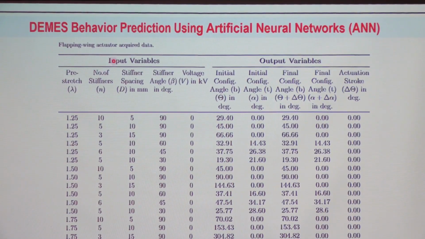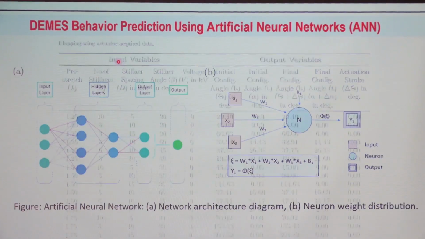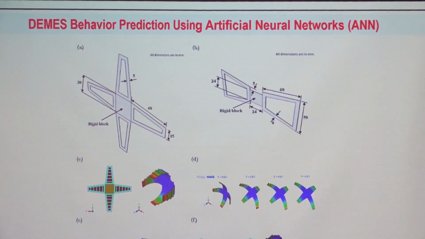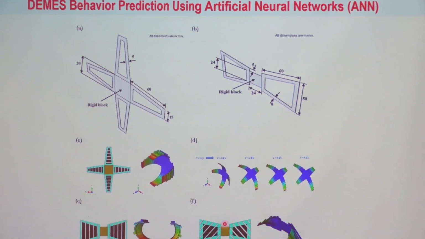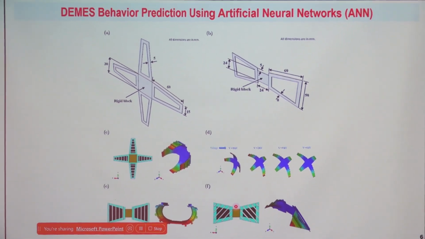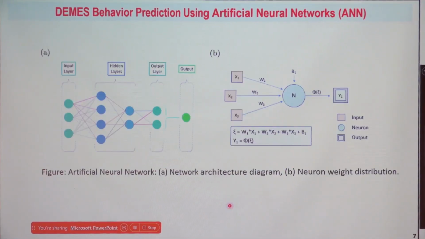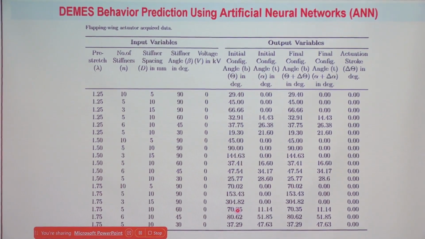So I will discuss with you about this flapping wing actuator. This is the case. We have already obtained the results I have shown you for different fiber orientation, spacing between the consecutive stiffeners, different pre-stretch and different frame bending stiffness. So in this case, you have to judiciously define 3 processes.